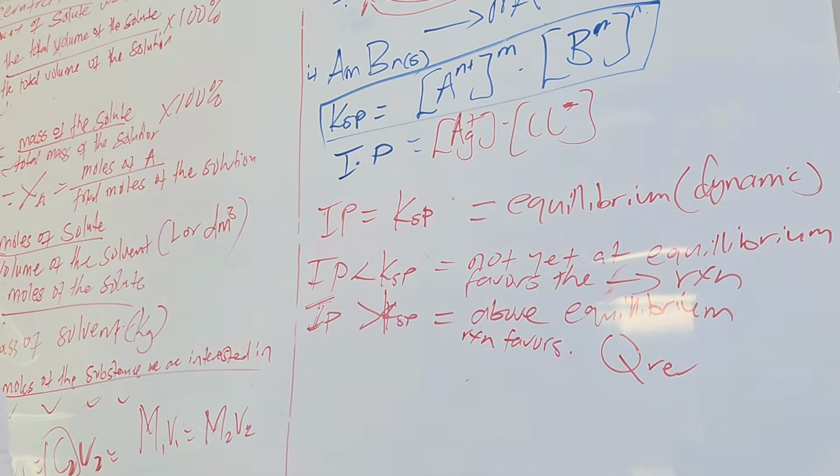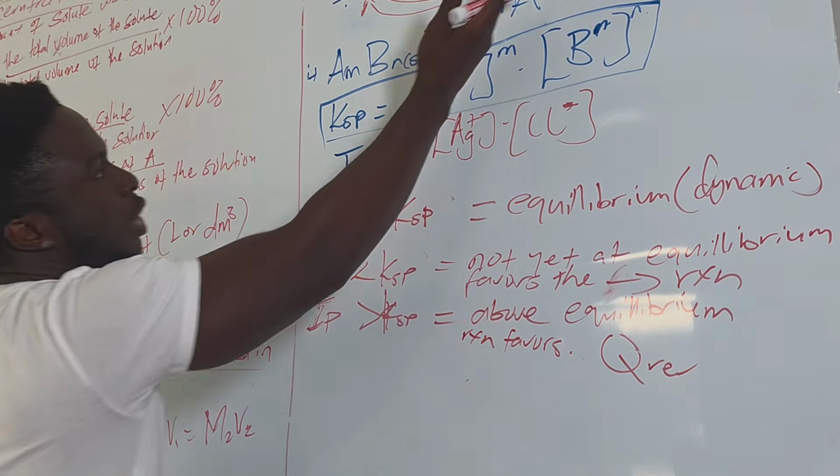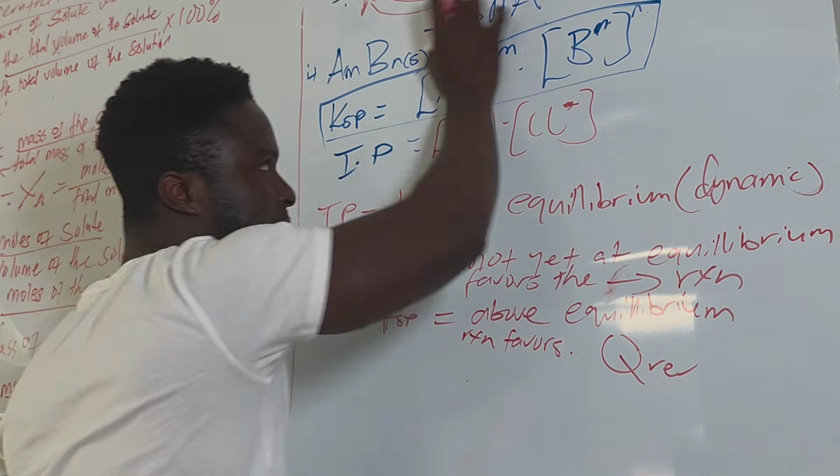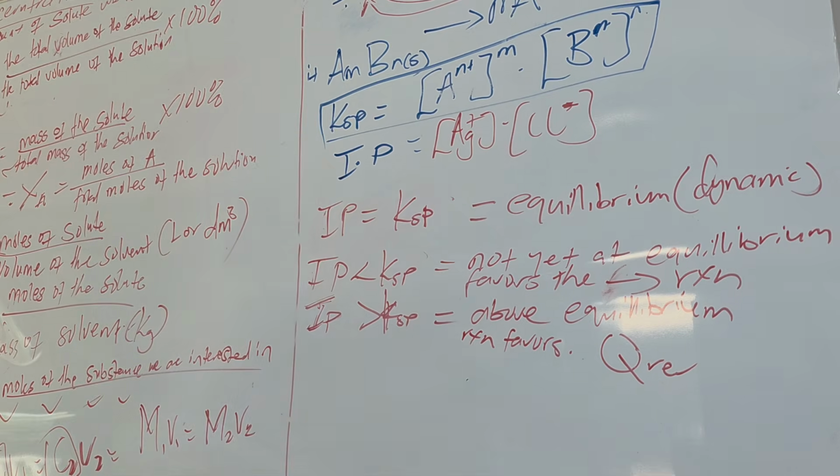It's just a reverse reaction over here. So it means we are going to be forming more of the silver chloride instead of dissociating more of silver chloride. So that is the solubility equilibrium.